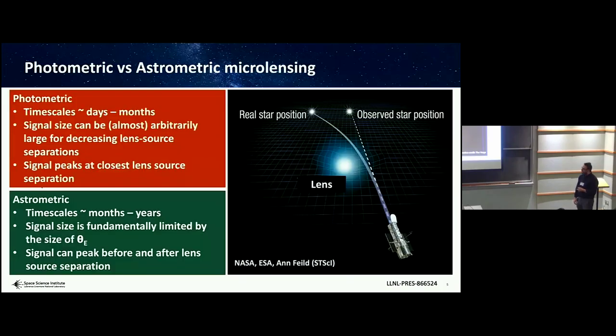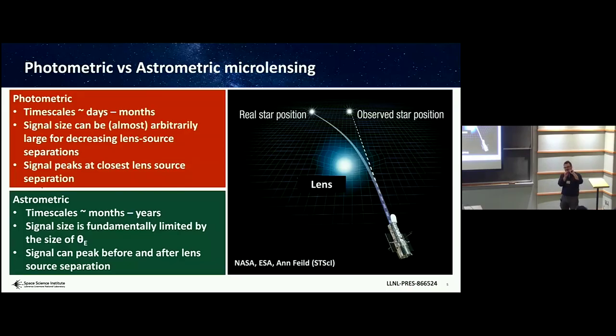Although these two effects come from the same underlying gravitational lensing phenomenon, they're quite different in how they behave, how they manifest, and what you can learn about the lens. For the photometric effect, for a typical lens and source in the galaxy, these events last days to months. The nice feature of this effect is that if you get a really close lens-source separation, you can almost arbitrarily increase the amplification of your event.